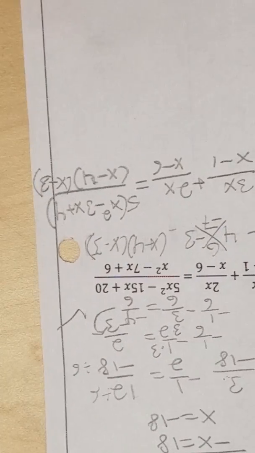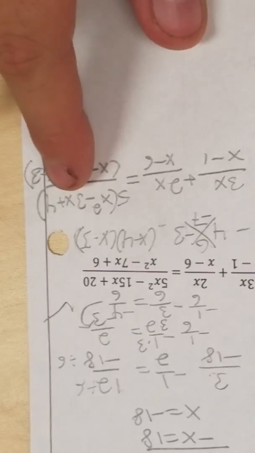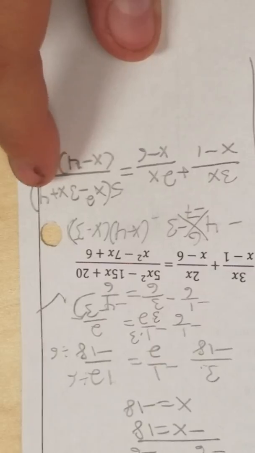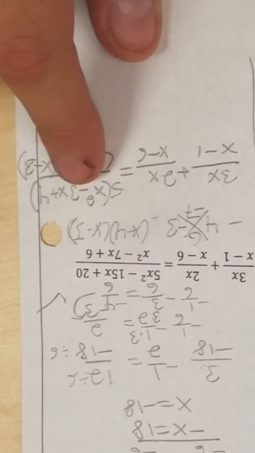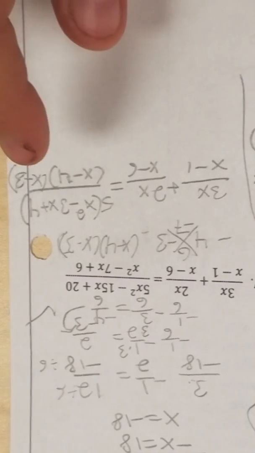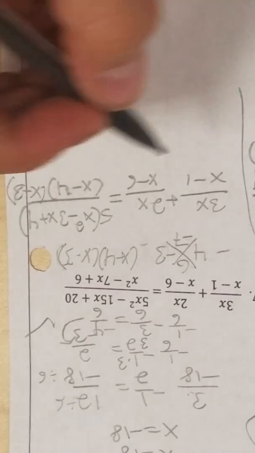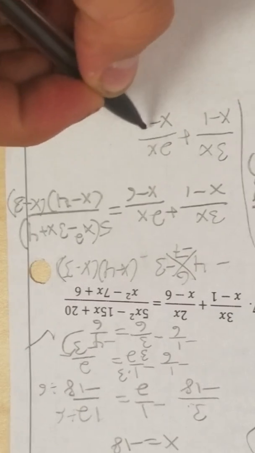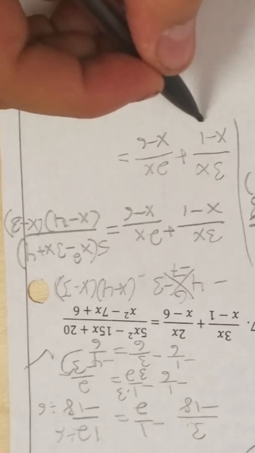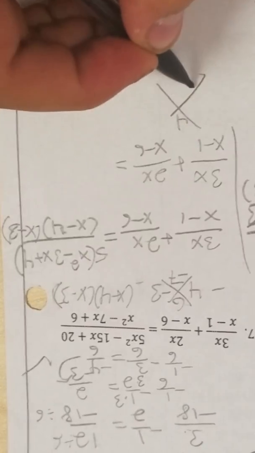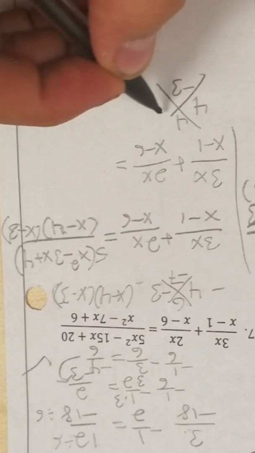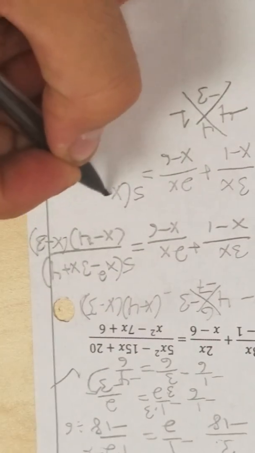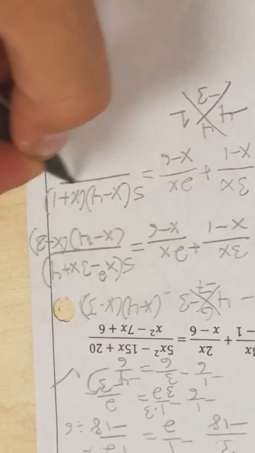This one also factors, so we can find the factors of 4 that add up to negative 3, which is going to be 4 and 1, so negative 4. So we have 5 times x minus 4, x plus 1.